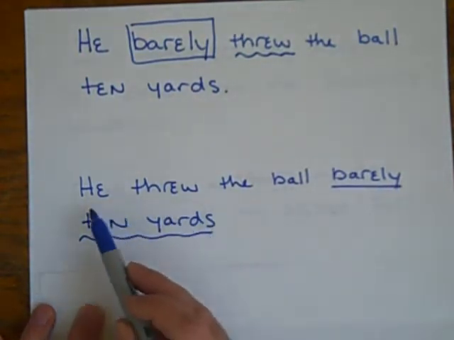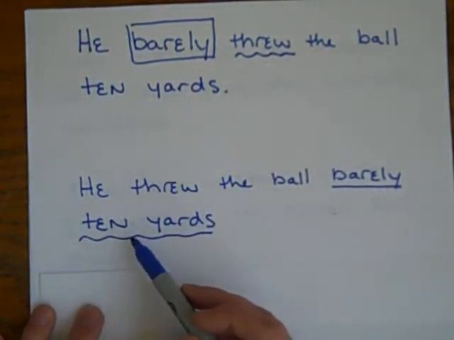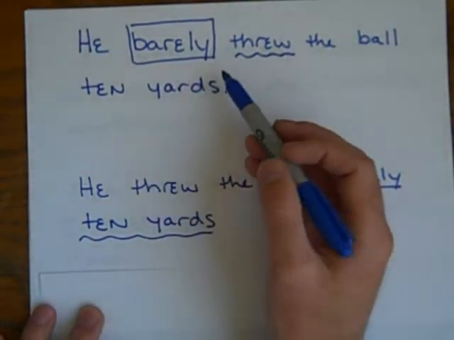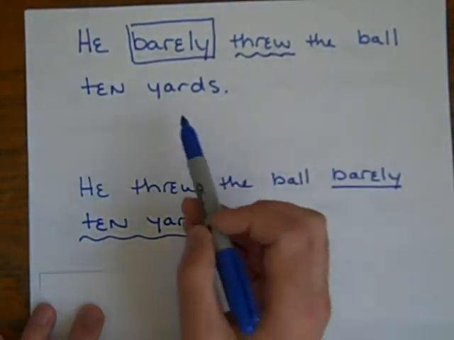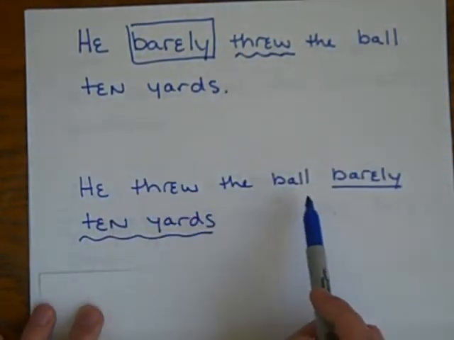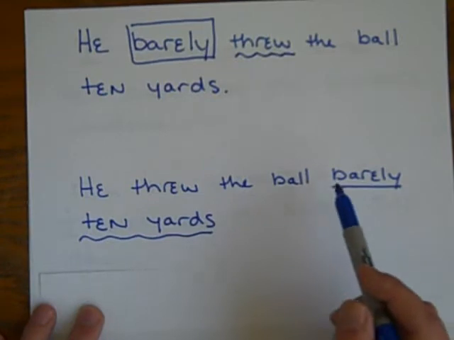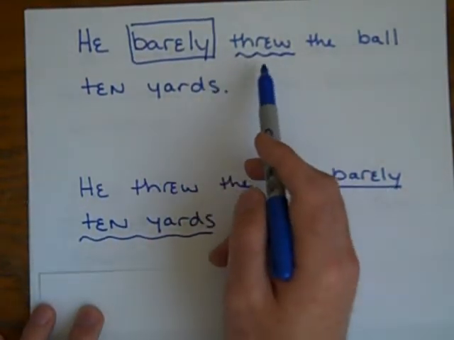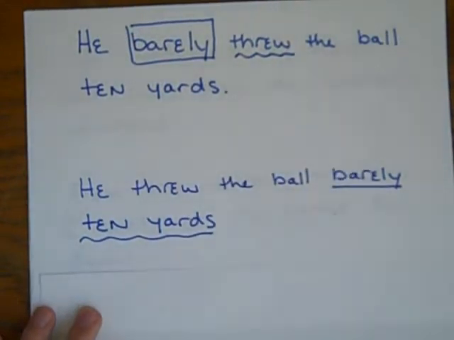The meaning of this sentence implies that 10 yards is the entity that gets modified. And since you can't really barely throw something, what you probably mean when you say he barely threw the ball 10 yards is you mean he threw the ball barely 10 yards. Again, you have to pay attention to the location of the modifier because it's going to end up modifying whatever it is closest to.